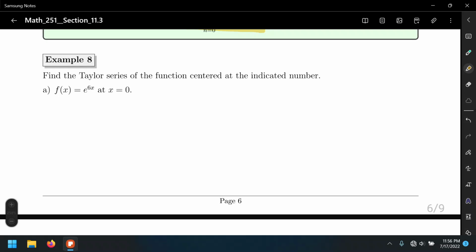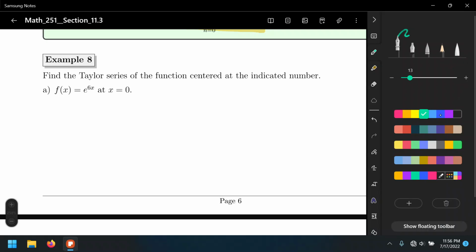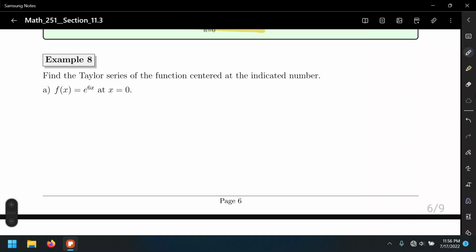So for instance, find a Taylor series for the function centered at the indicated number. In this case, we have the function f of x equals e to the 6x.